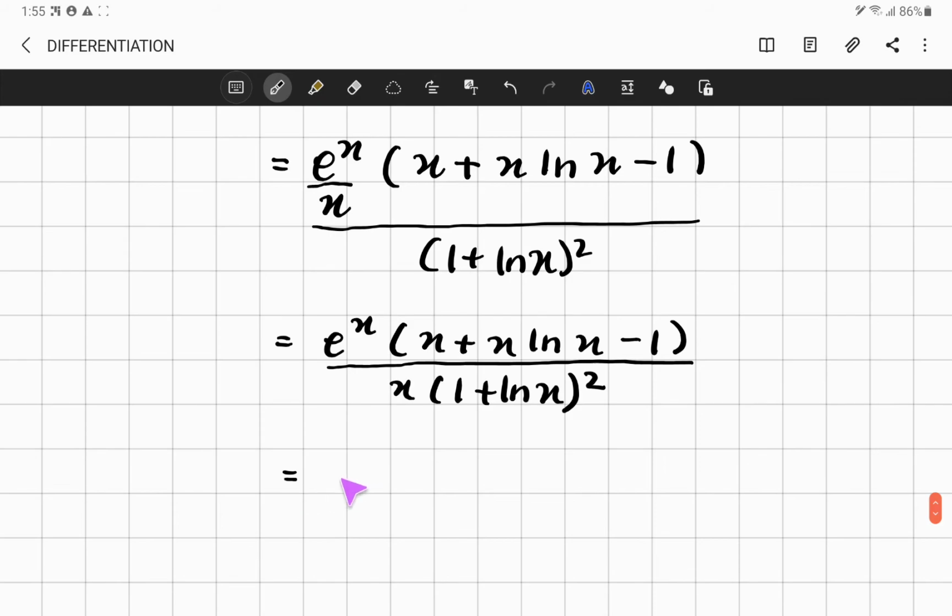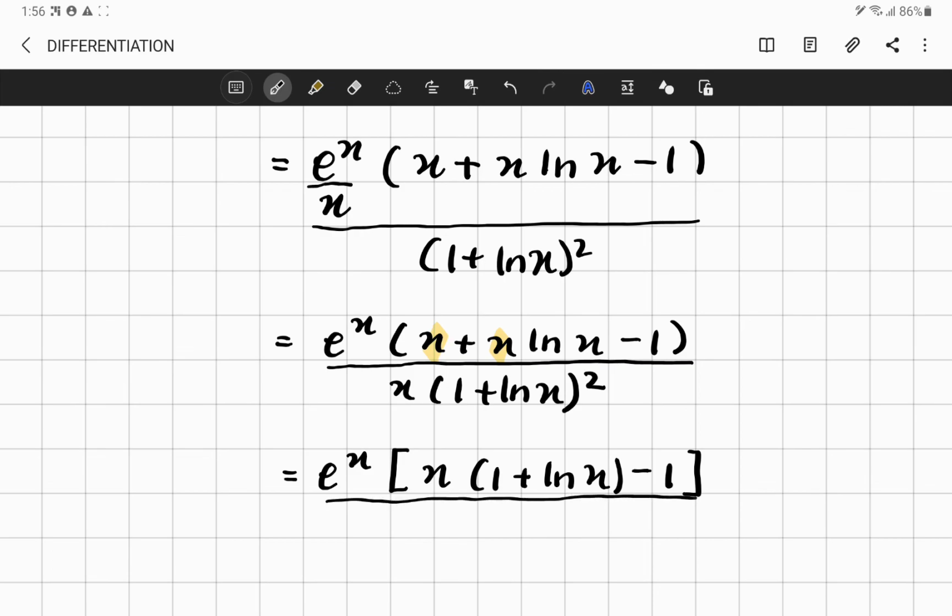We can also factorize x and x here by writing x times 1 plus ln x, minus 1, divided by x times 1 plus ln x squared.